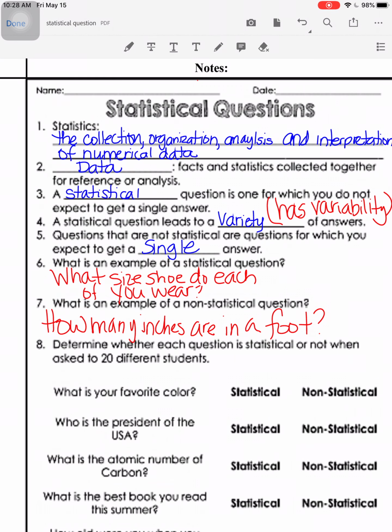No matter who I ask, if I ask 100 people, every one of those 100 people will tell me the same thing. There are 12 inches in a foot. So that question is non-statistical because I don't have any variety in that response. I'm only going to get one single answer.